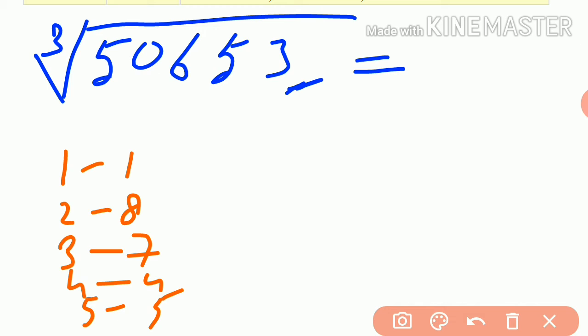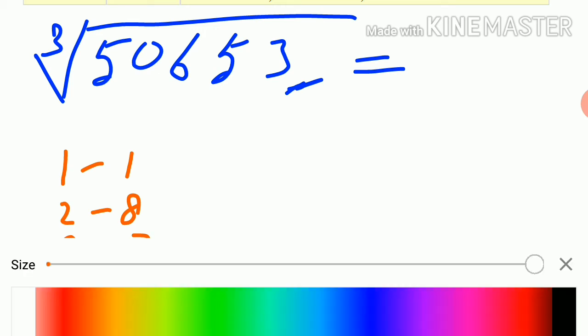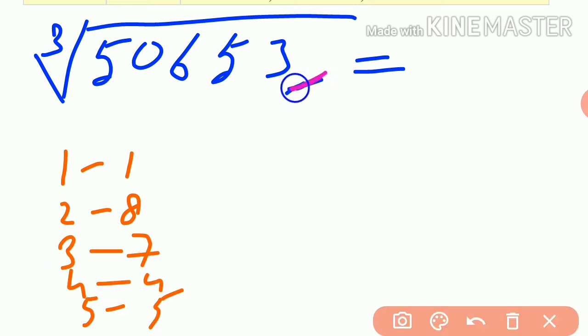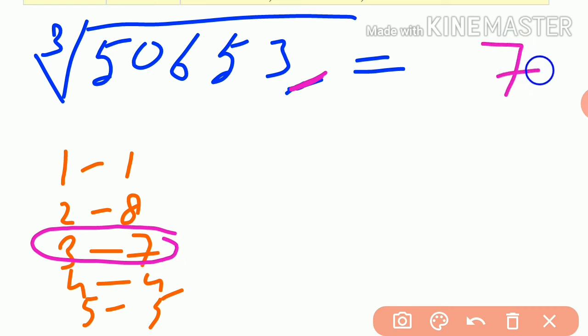So 3 corresponds to 7, so we will write 7 here and leave these three digits because we are finding the cube root.